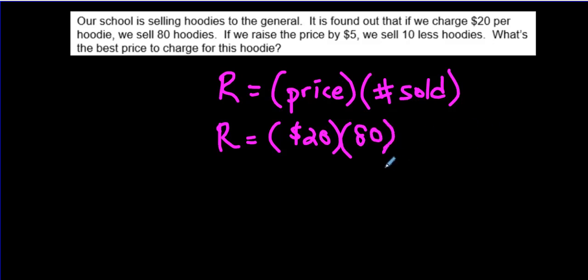Now, the other research they found out is that if you raise the price by $5, then we sell 10 less hoodies. So let's say that X is the price increase, the number of times we've increased the price.